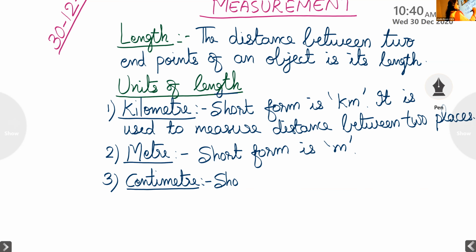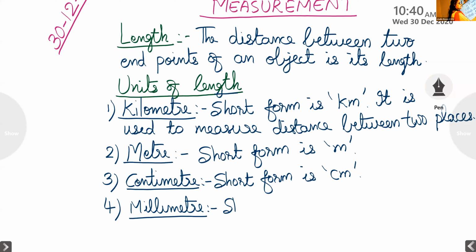Short form is cm. Fourth one is millimeter. Short form is mm.